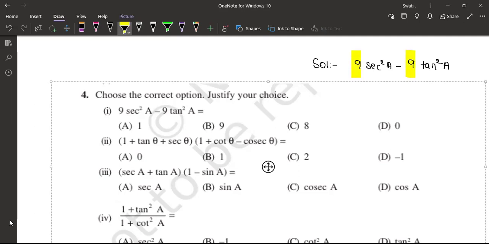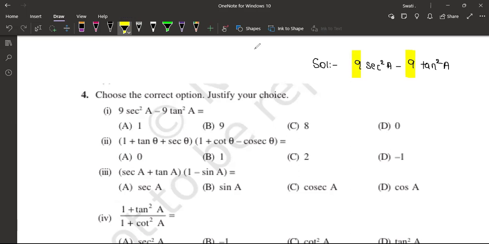So don't you think we can take this 9 out? If you take 9 out, what will be inside the bracket? From the first term, if you have taken 9 common, the remaining part is only sec square A, right? Minus. From the second term also, you have taken 9 common, so the remaining part is tan square A, right?